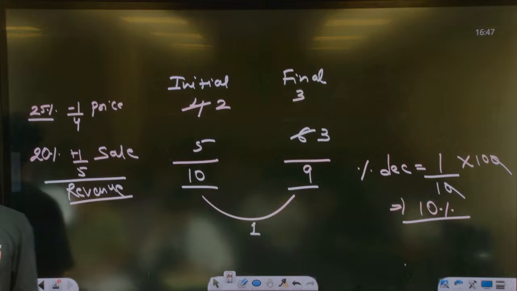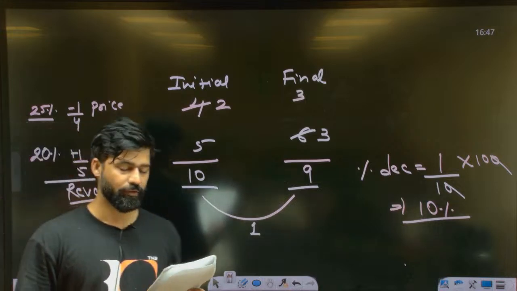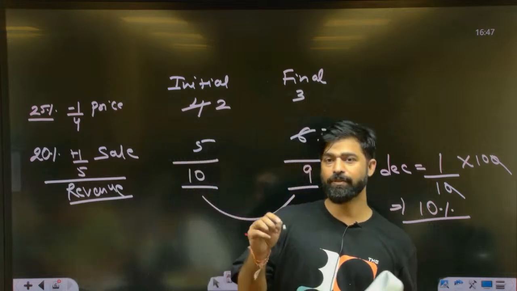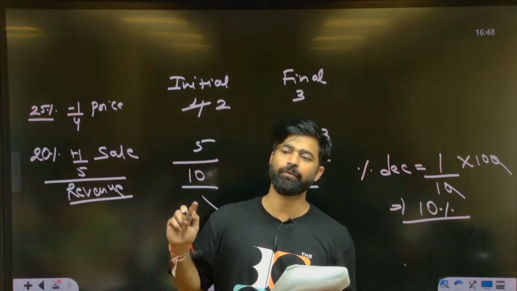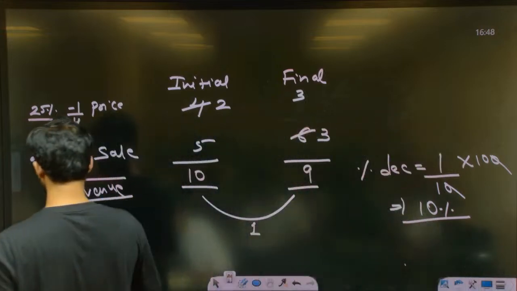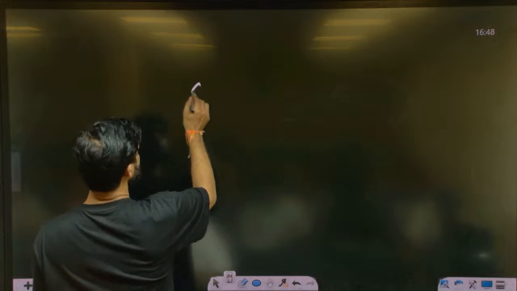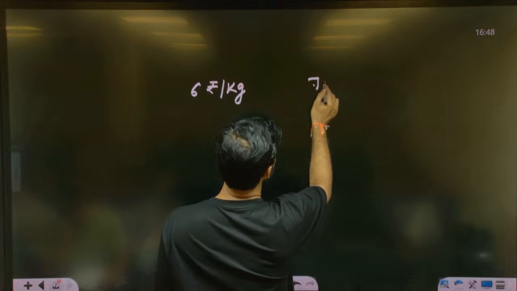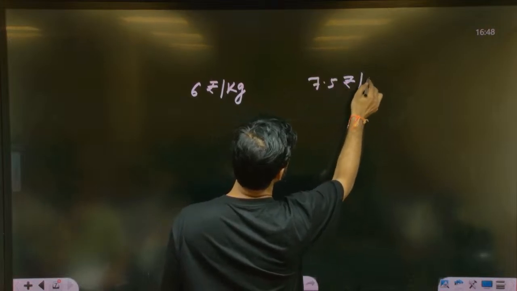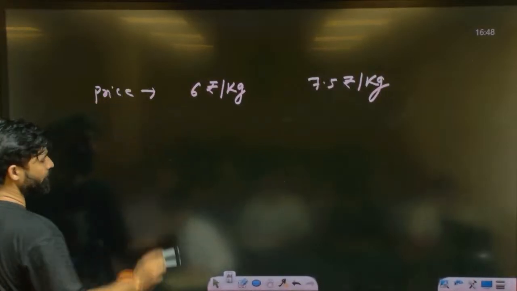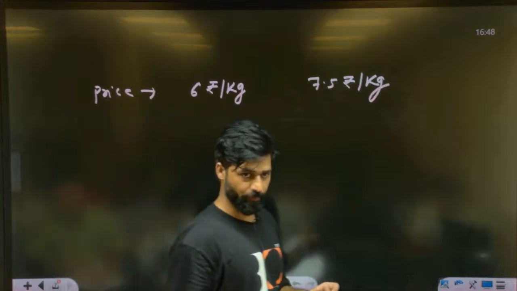Write the question. The price of a commodity rises from 6 rupee per kg to 7.5 rupee per kg. So this is the change in the price. So there is a hike in the price, but he has given the exact numbers.